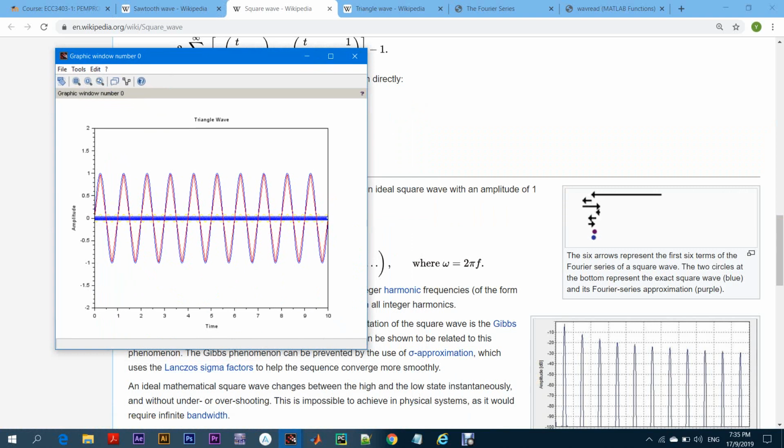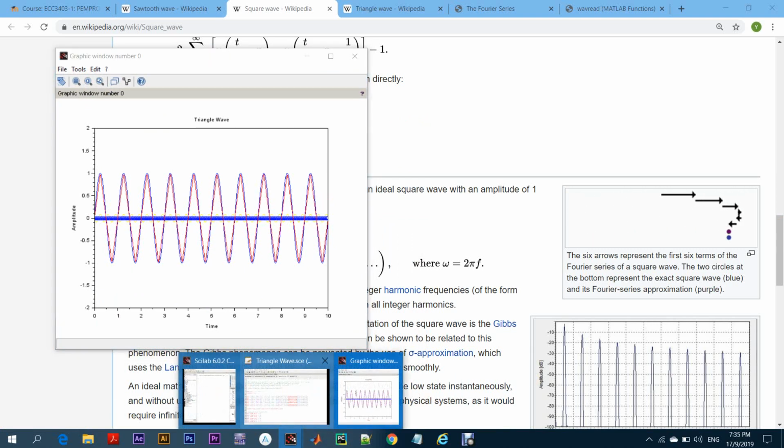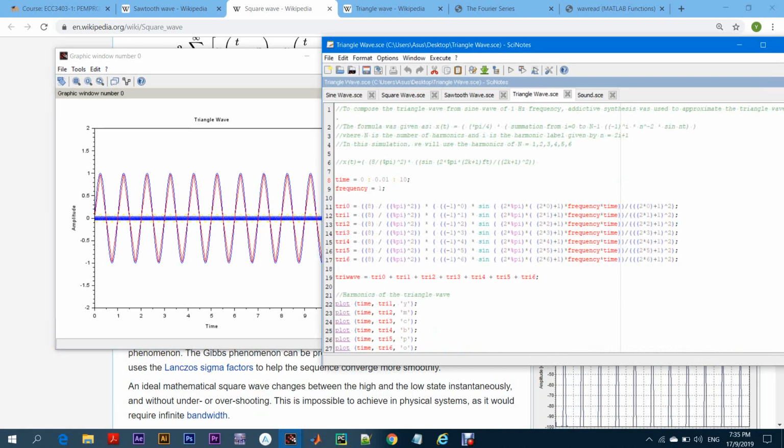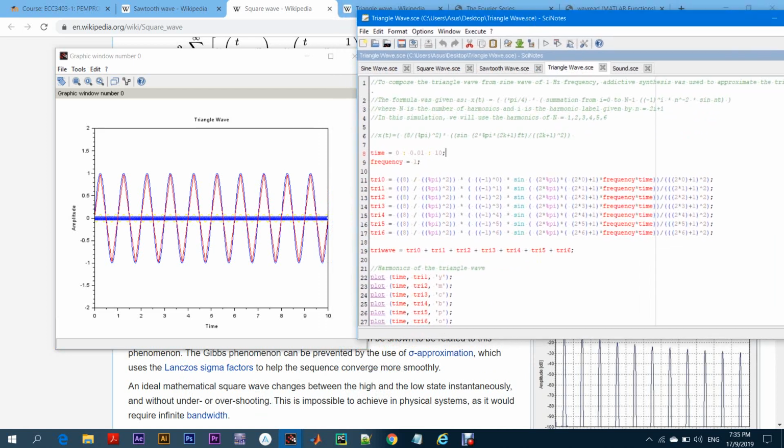Again, the red color line indicates the triangle wave, and the other color lines indicate the harmonics.